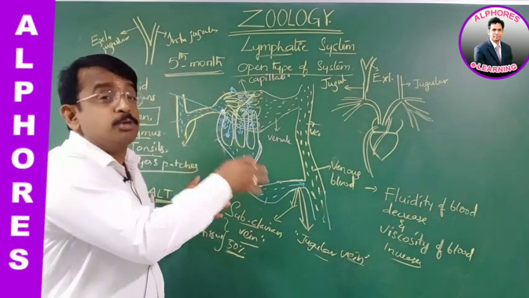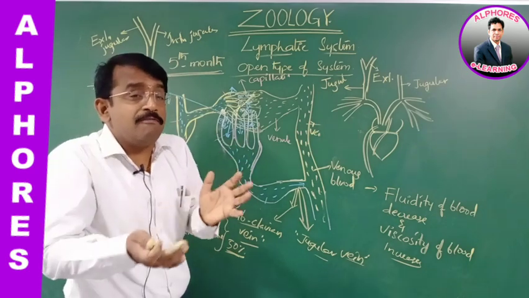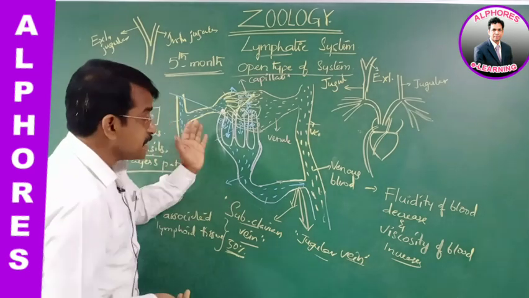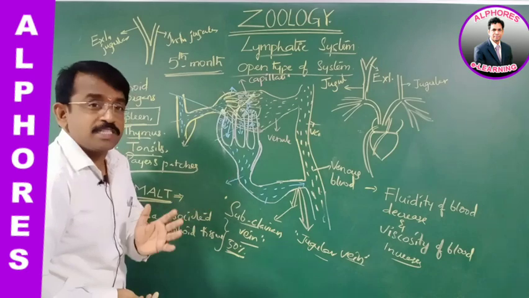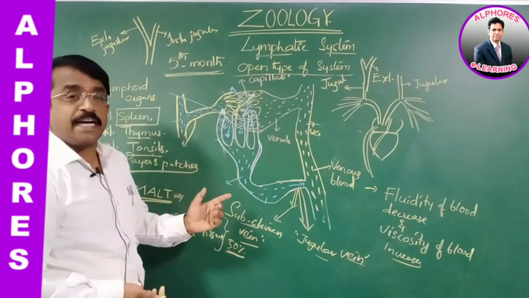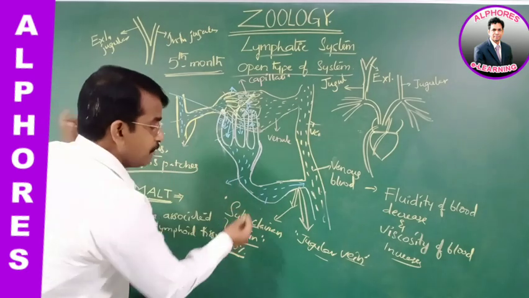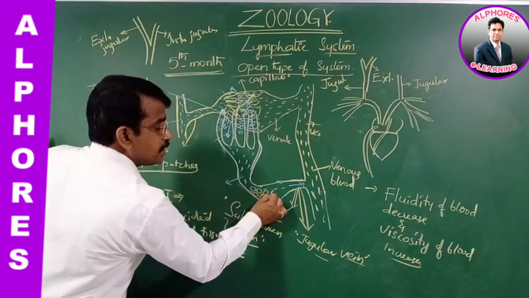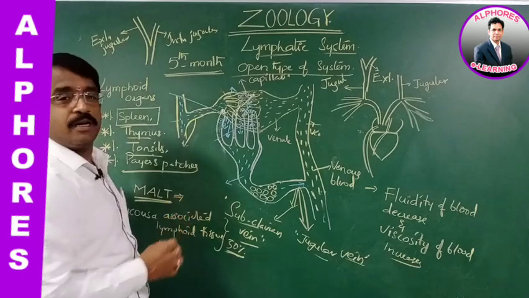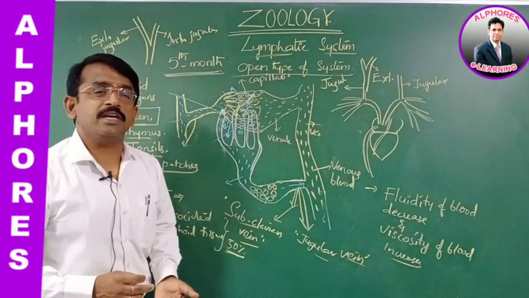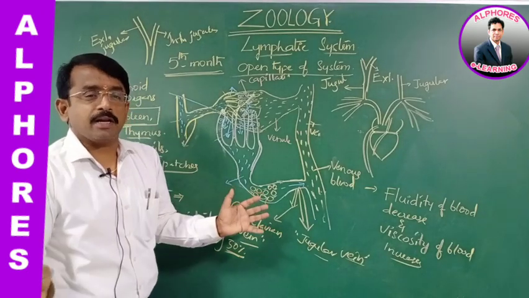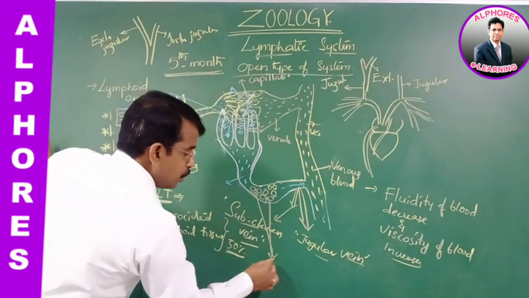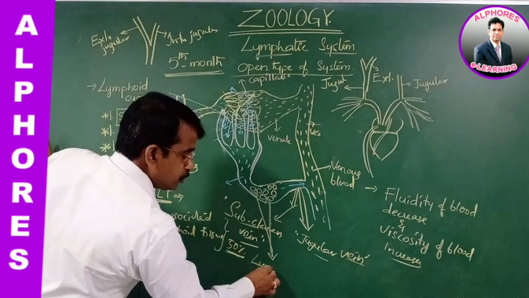If it is flowing through the lymph, how does the lymph protect the body from microorganisms? As the lymph flows through the lymphatic vessels and lymphatic duct, there are nodules. The nodules are arranged in a branched manner. These are called the lymphatic nodules.